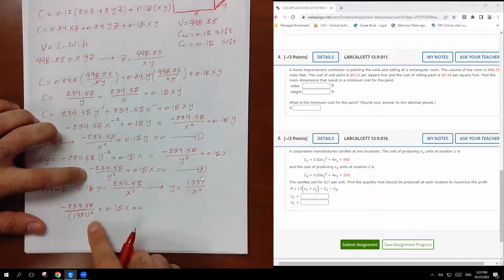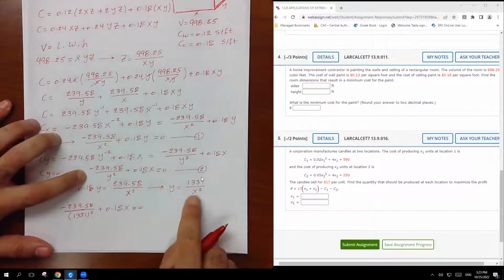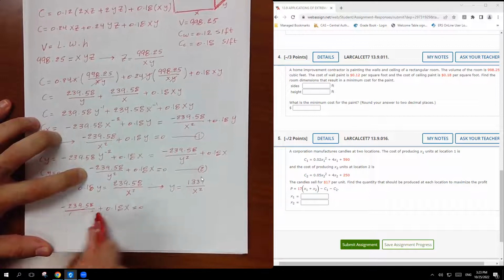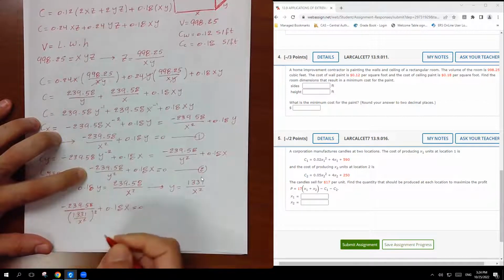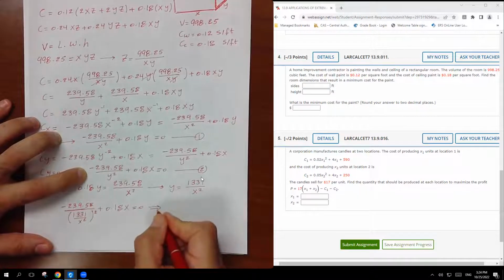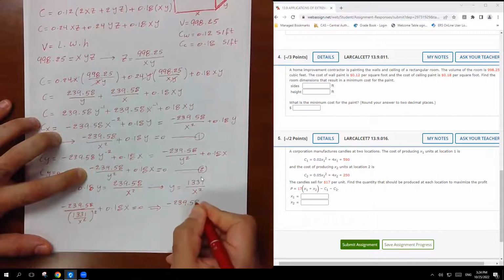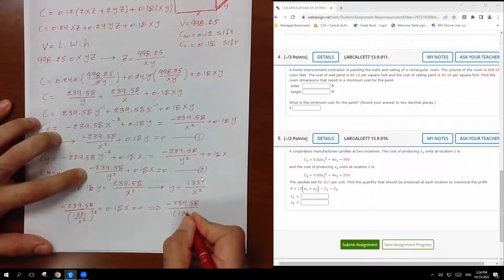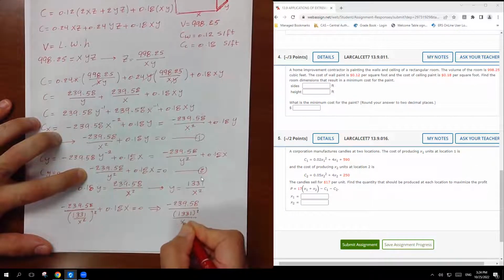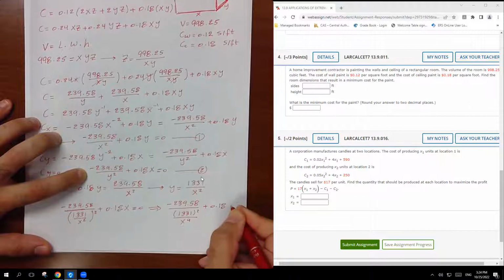I'm going to multiply everything, 1,331 over x squared, squared. So it's going to be negative 239.58 over, I'm going to keep this number, 1331 squared over x to the power 4, plus 0.18 x equals 0.